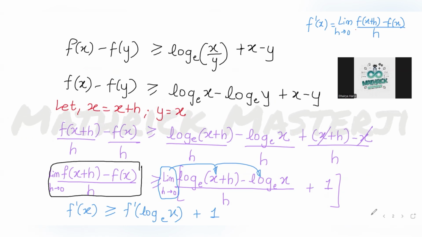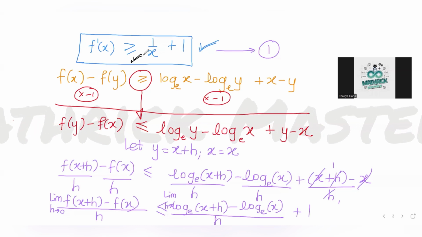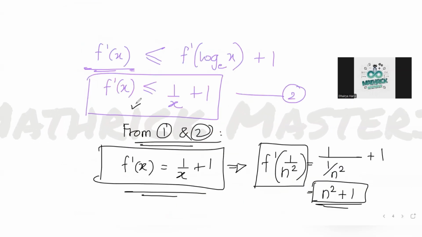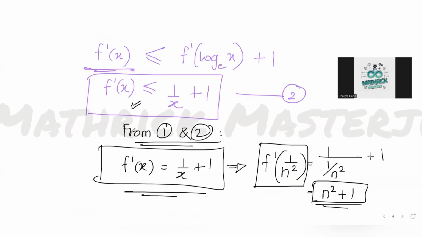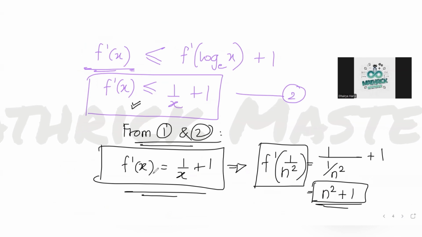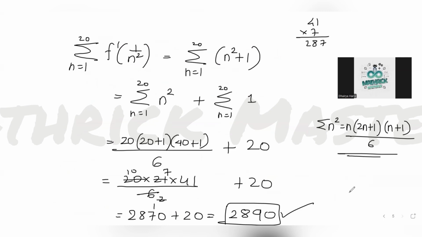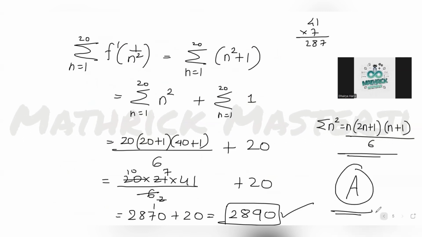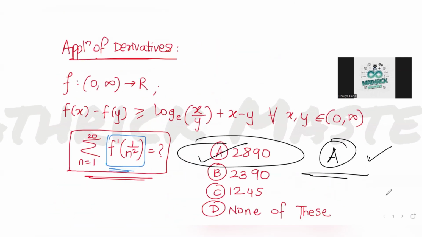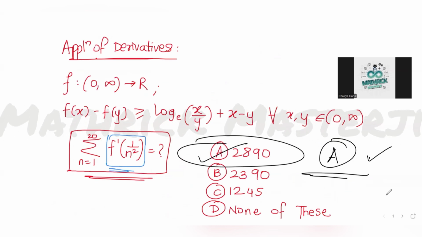Once I got that the derivative was greater than or equals to, and the other time less than or equals to, I got the idea that it's equals to. Then I just found the value of the expression that was asked, and that matched with answer choice A.